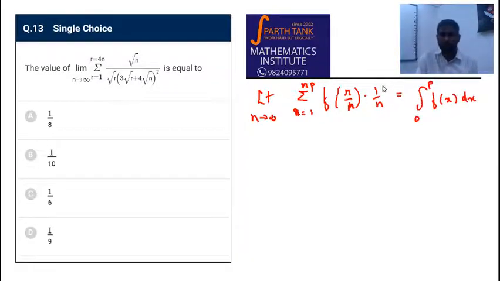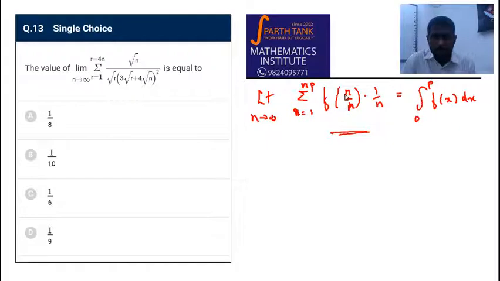This is like f of x, this 1 by n is like dx, this very small interval. If it is 1 to n, the integral is 0 to 1. If it is 1 to np, the integral is 0 to p. Okay, we'll use this here.